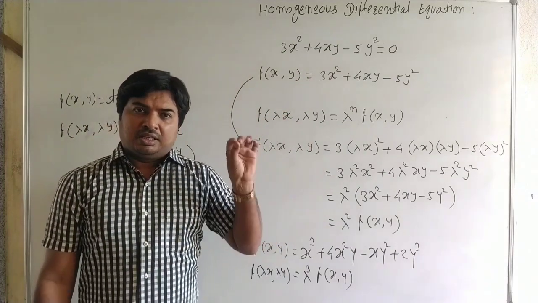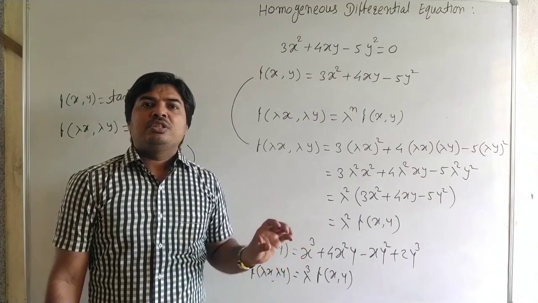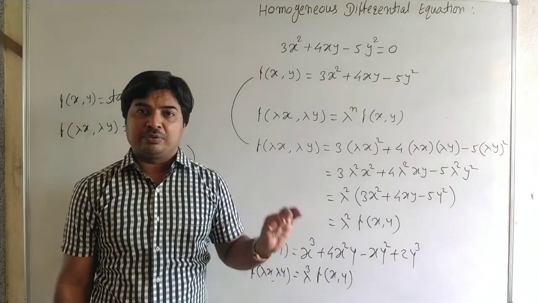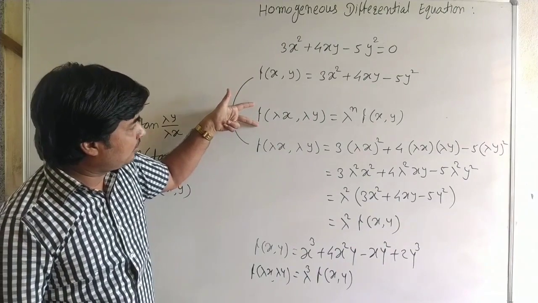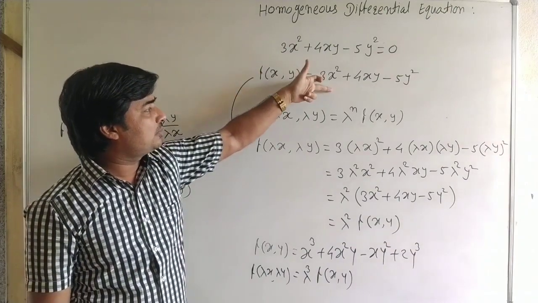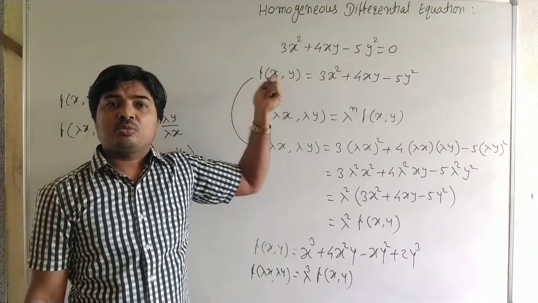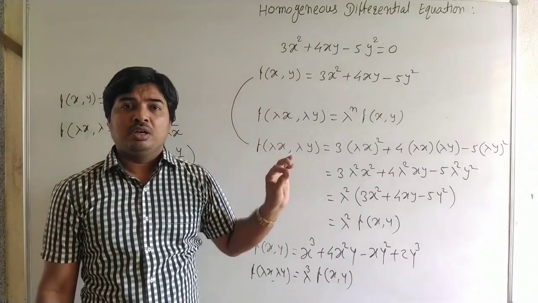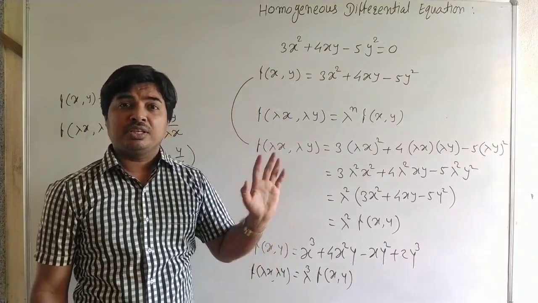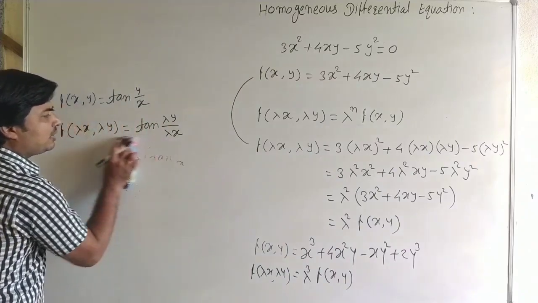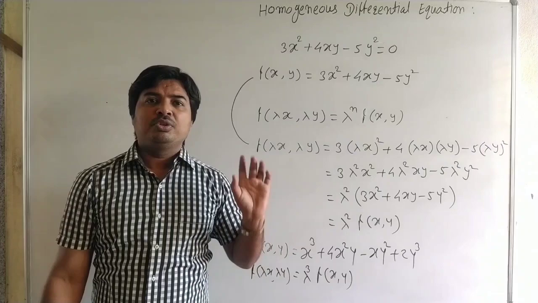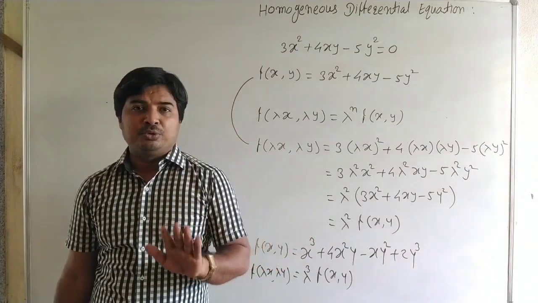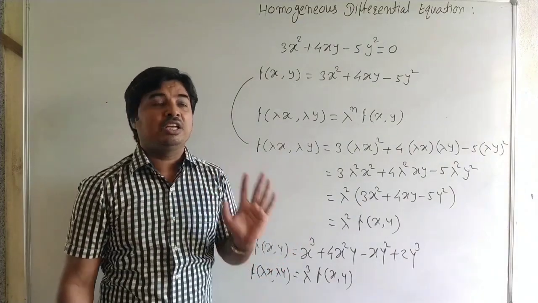But in this lecture we see the homogeneous differential equation. Here f of x comma y is a homogeneous function, but we see the homogeneous differential equation. Now what is a differential equation? An equation which contains the derivatives of the function is called a differential equation.